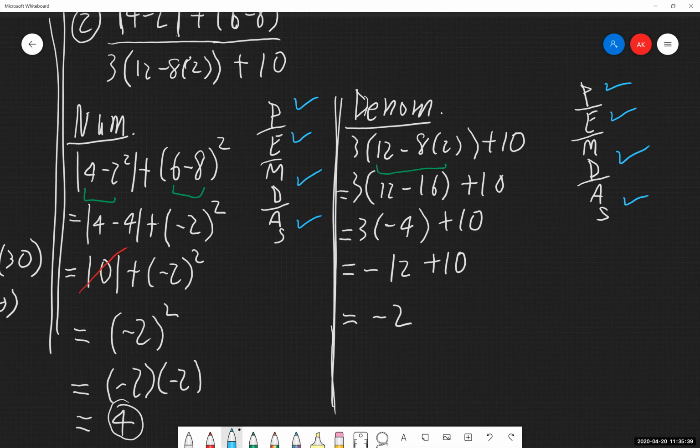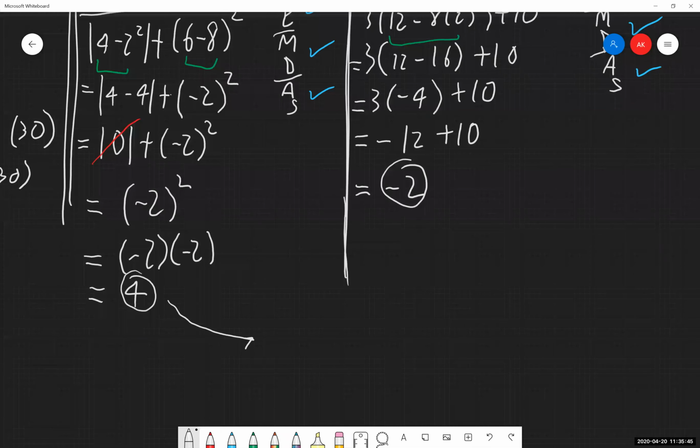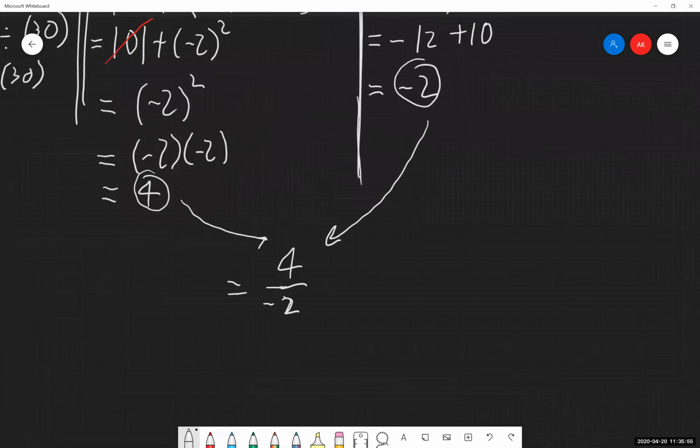Done with that. So I have my denominator. And now let's bring these things together. My numerator is 4. My denominator is -2. 4 divided by -2, that's going to give me -2 for my final answer. And then we're done.